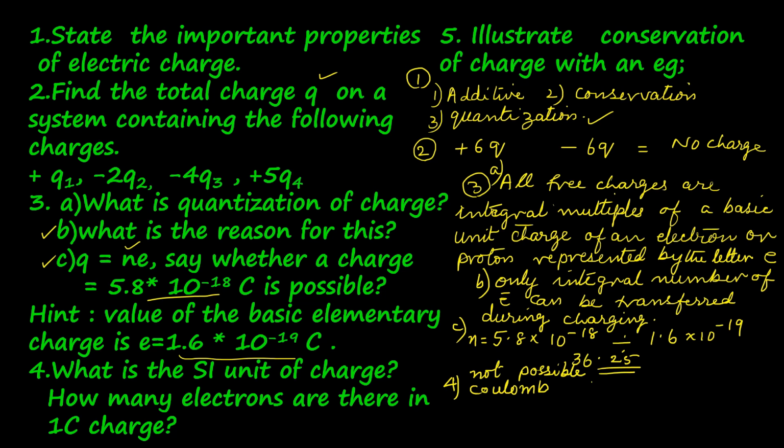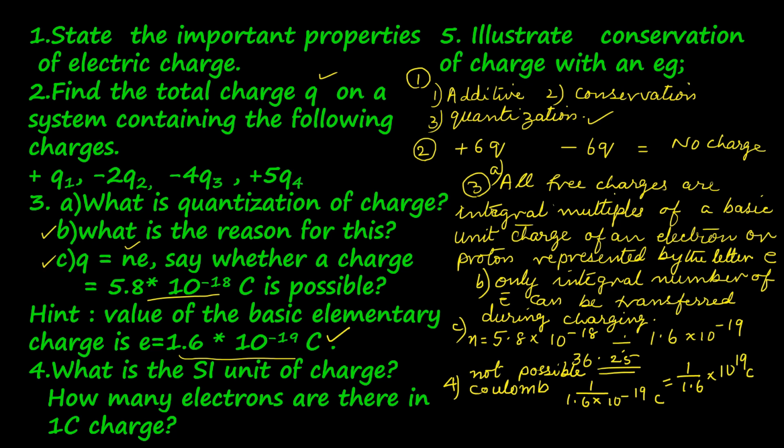We know the charge on one electron. It is equal to 1.6 into 10 raised to minus 19 Coulomb. Number of electrons in one Coulomb charge is equal to 1 Coulomb divided by 1.6 into 10 raised to minus 19 Coulomb, which can be written as 1 Coulomb by 1.6 into 10 raised to 19 Coulomb.